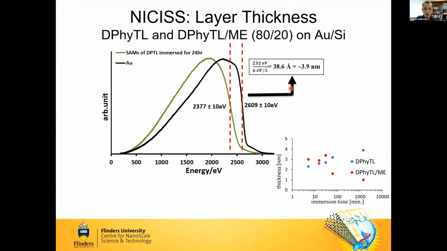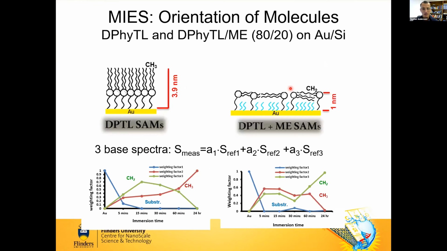But the other question is, how well ordered is that layer actually? That's what we could determine here. So we're back to that coating layer on that gold surface, and we had applied two different conditions. In one, we got a very close packed structure, and here we got a very loosely packed structure.